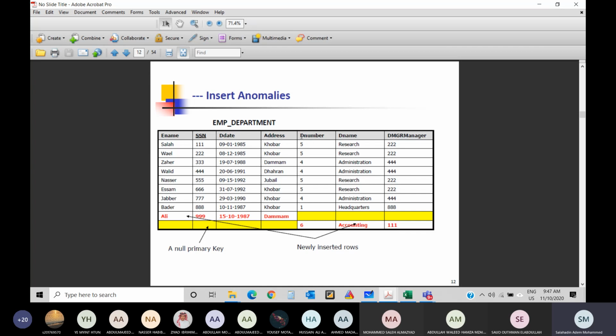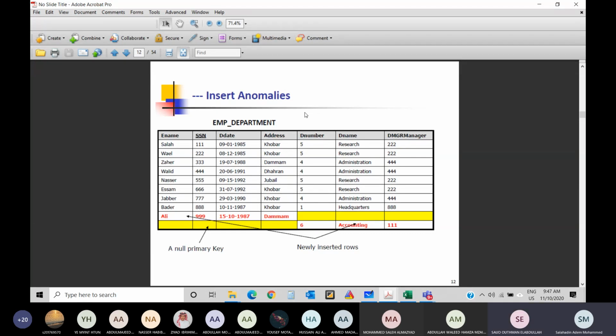Because of this, I cannot say that D number is functionally dependent on address. You asked me to repeat it, isn't it? Because now a value from here is matching 2 different values from this, automatically we say no. So the D number is not functionally dependent on address.